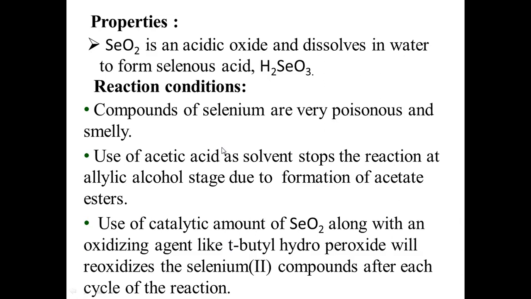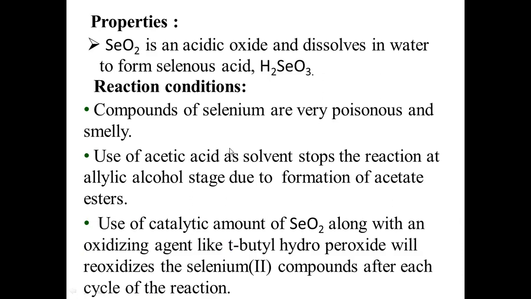So, when we are using selenium dioxide for oxidation of alkenes with allylic CH, we have the possibility of forming allyl alcohols and also alpha beta unsaturated carbonyl compounds, which we have discussed in the previous slides.